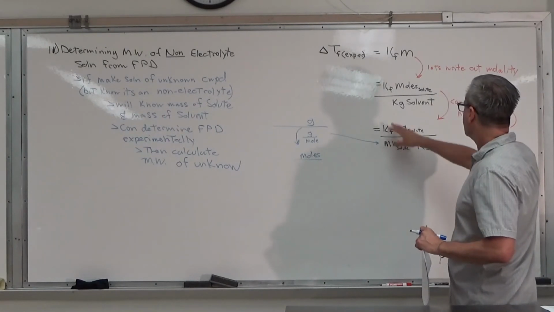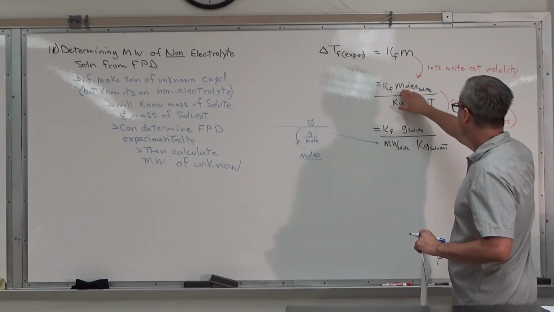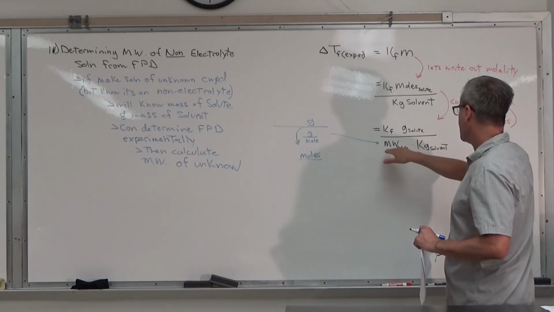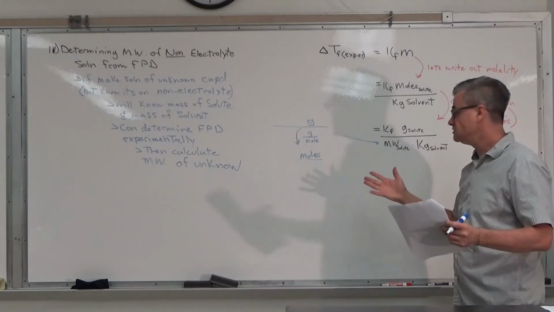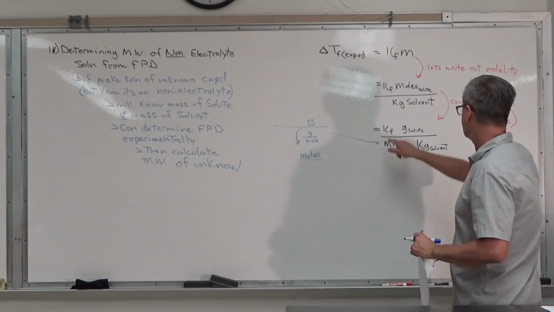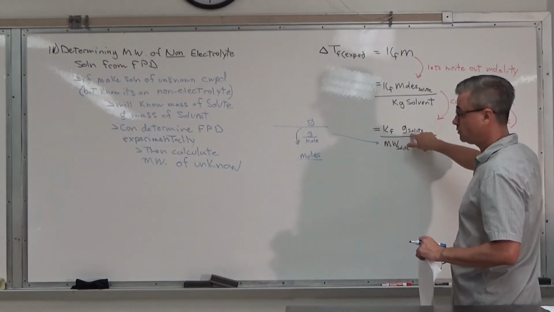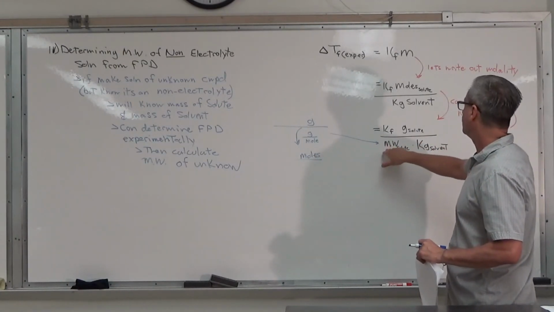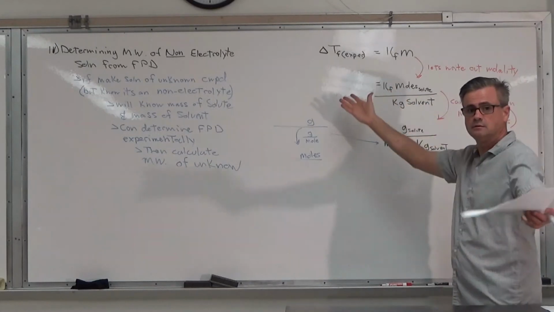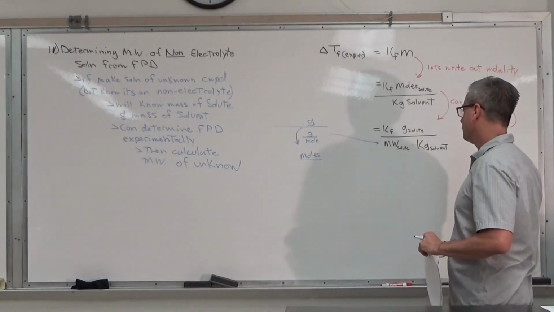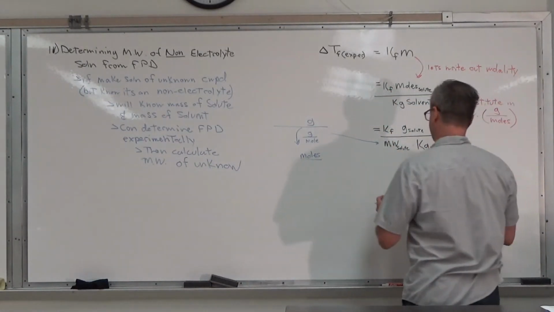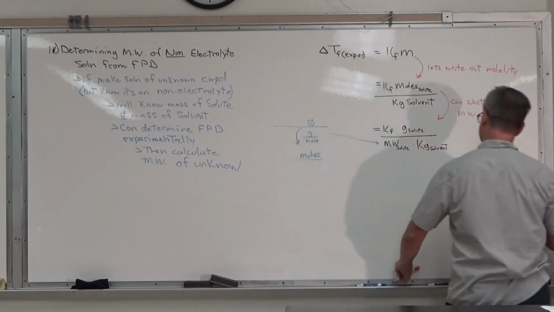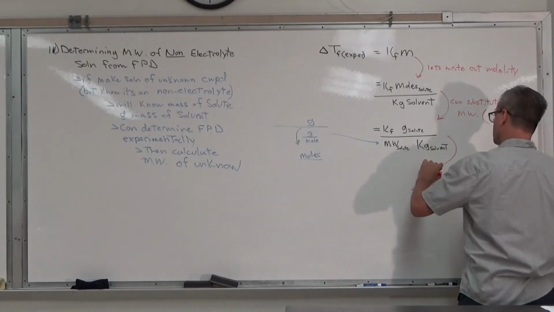That's how I was able to take moles out of the equation and put in grams of solute and molecular weight. Maybe now you can see where we're going with this. We know this because we weighed it out on the balance. That's what we want. We know everything in the formula except for the one item that we're after. Always good to solve for what you're looking for.